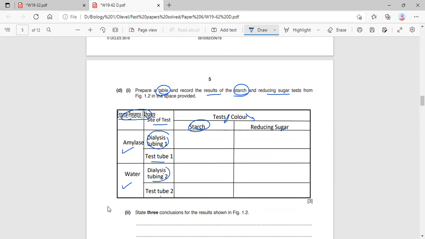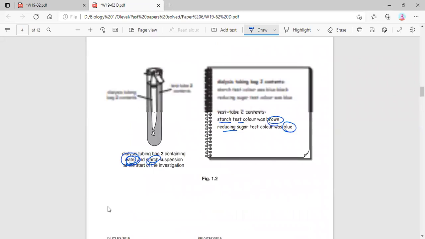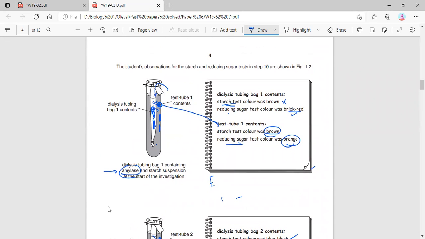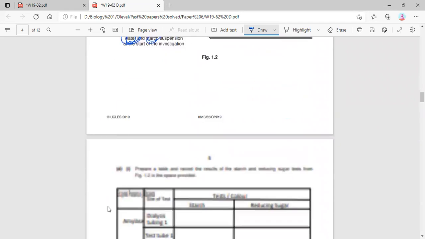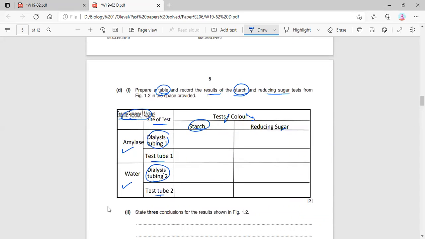Here, same thing, dialysis tubing, test tube. And then you fill the results in. Starch test in dialysis tubing 1 was brown. Reducing sugar test was brick red.